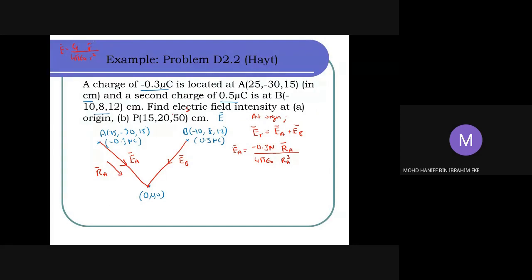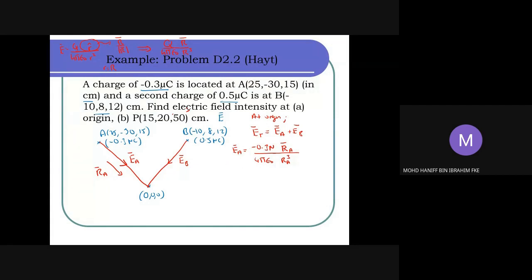But what we have done for the case of force just now, I'm using the unit vector of R as vector R over R magnitude. We assume that R and capital R are the same thing. So basically we have Q over 4 pi epsilon, the vector R over R to the power of 3. That's why we have this equation here.